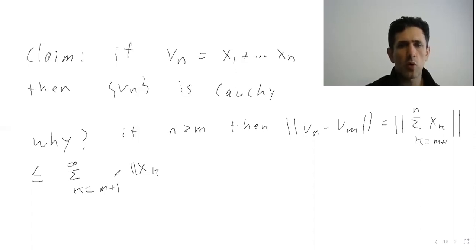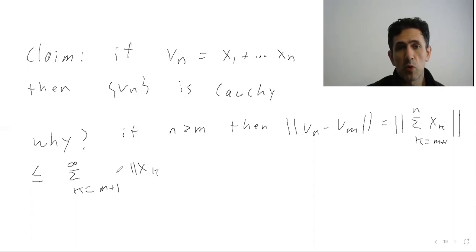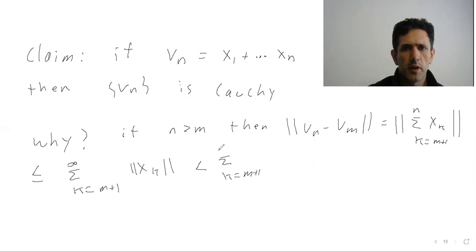And we'll just replace n with infinity, adding more non-negative terms. So kind of trivial. So this is going to be less than the sum from m plus 1 to infinity of 1 over 2 to the k minus 1.